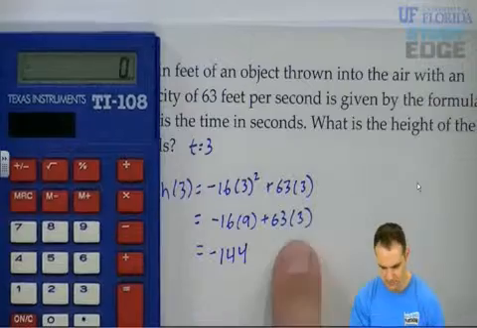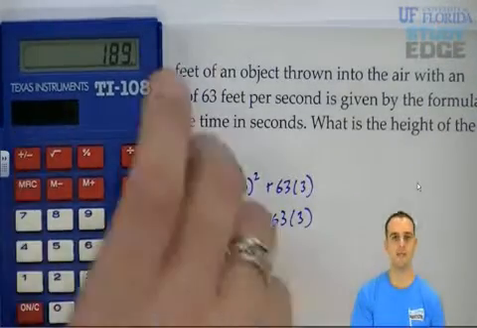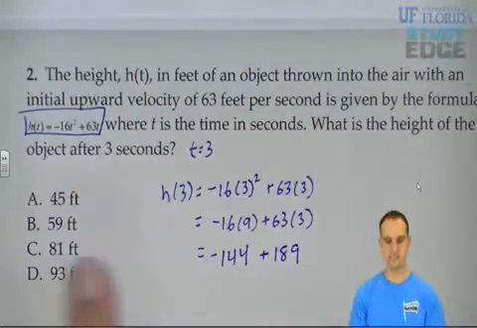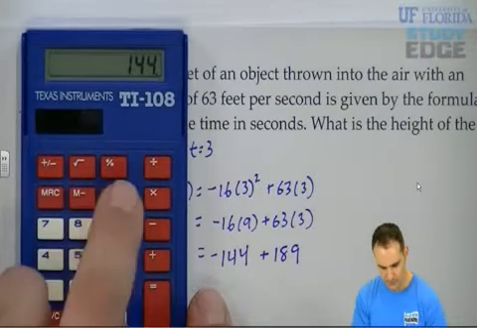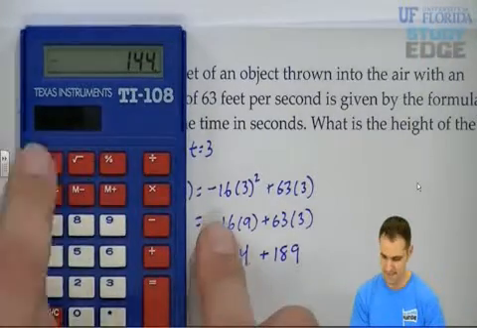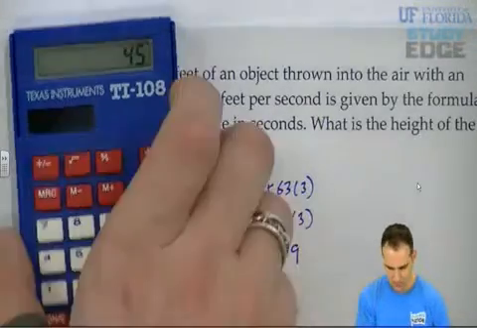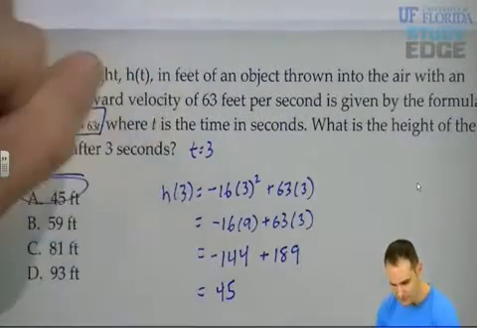Then 63 times 3 will give me 189. Then lastly, I will add. Negative 144 plus 189 will give me 45 for the final answer for height, and it's 45 feet.